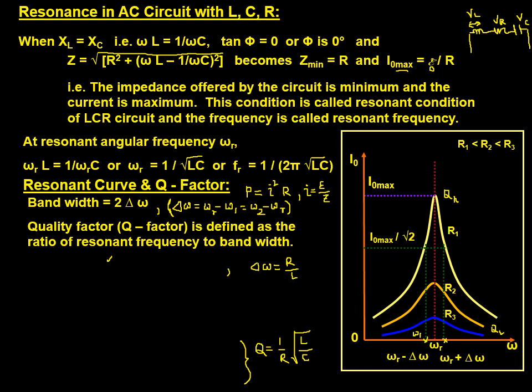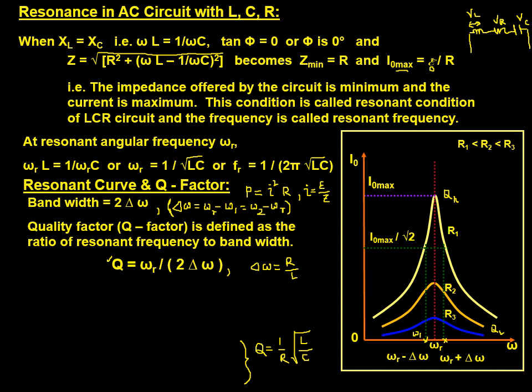Quality factor or Q factor is defined as the ratio of resonant frequency to the bandwidth. So Q factor is equal to omega r by twice delta omega. Delta omega can be shown to be equal to R by L. R is the resistance and L is the inductor. Remember, this occurs only when this is an RLC circuit. In case XL is equal to 0, it is called a CR circuit.